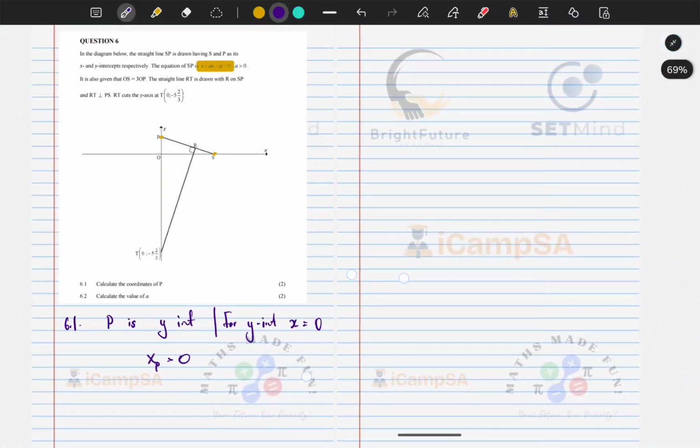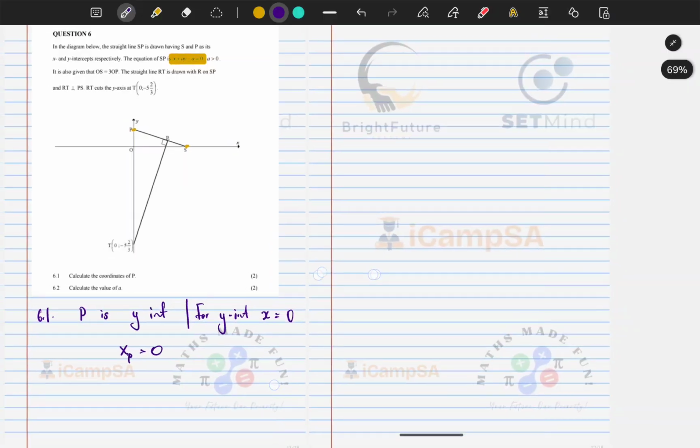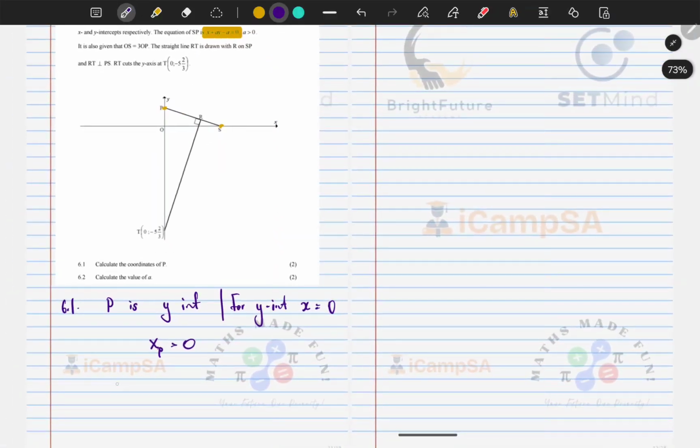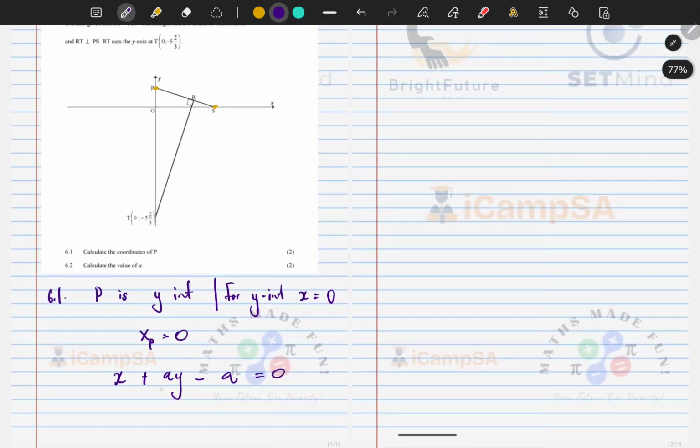And remember, we do have the equation there: x plus ay minus a is equal to 0. We have x already. x is 0, so you substitute it. It's going to be 0 plus ay minus a is equal to 0.